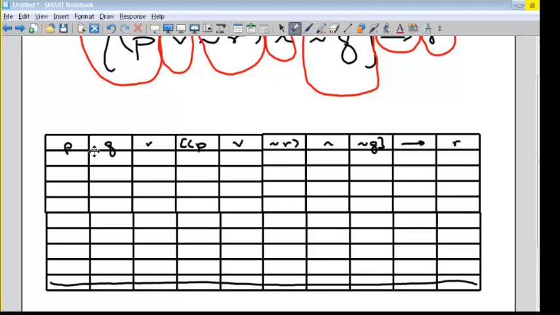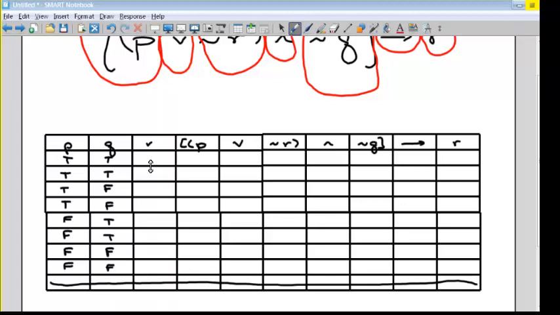Okay, so now what do we do? Well, because we have 3 statements, and therefore 8 rows, we make half of the rows trues, half the rows falses for P. Then when we go to Q, we take half of that. Half of 4 is 2, so you alternate 2 trues, 2 falses, 2 trues, 2 falses.